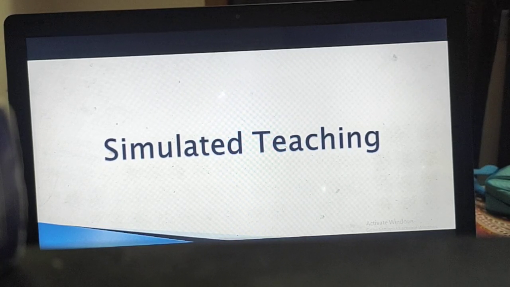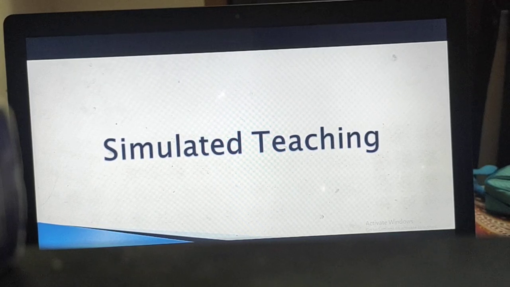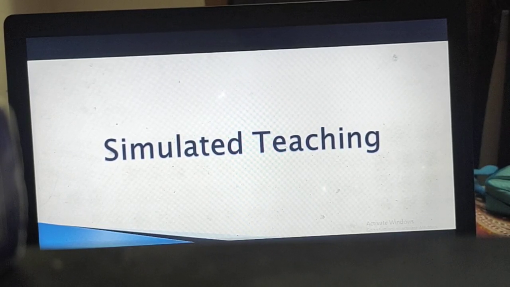As well, micro-teaching has some limitations. It is time consuming, requires special classroom settings, and covers only a few specific skills.